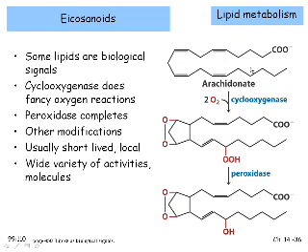Eicosanoids comes from the Greek for the number of carbons in it. So if you count them, 20 carbons. Icosa is the Greek for 20. And so that's where they're getting their name from, is that they all have 20 carbons, but different things have happened to them.